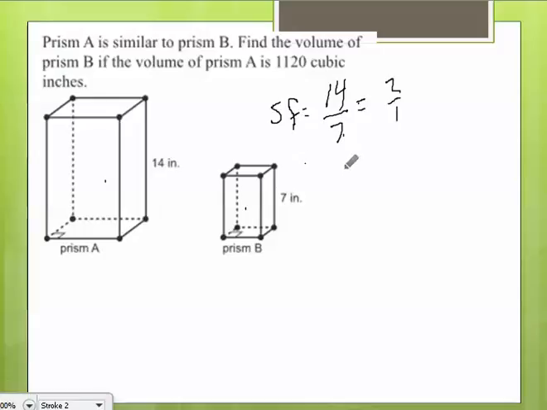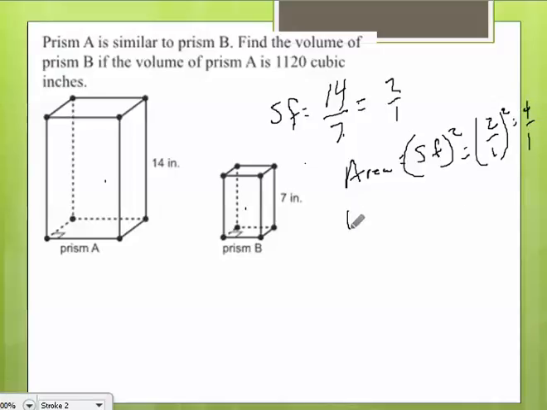Now, when we want to look at the area, like the base areas or the surface area, area is made up of units squared. So what we do, that's equal to the scale factor squared. So in this situation, it would be 2 over 1 squared, which is equal to 4 over 1.